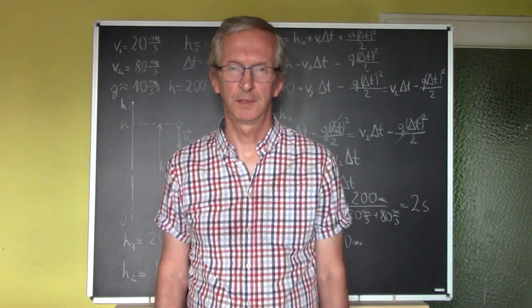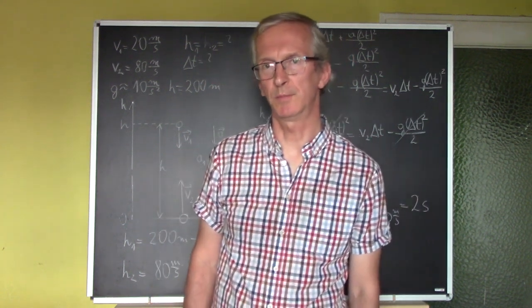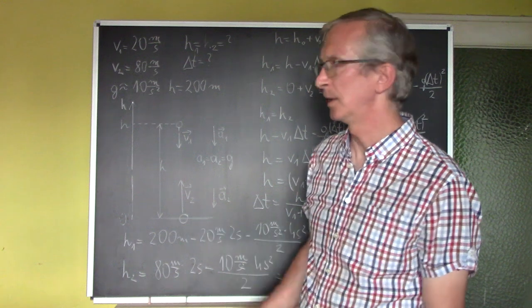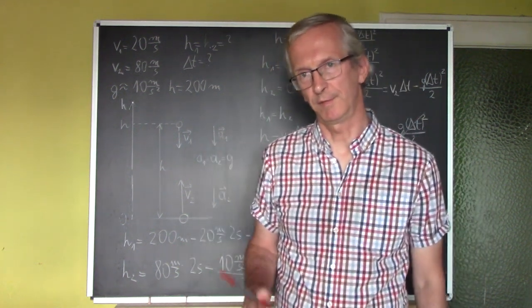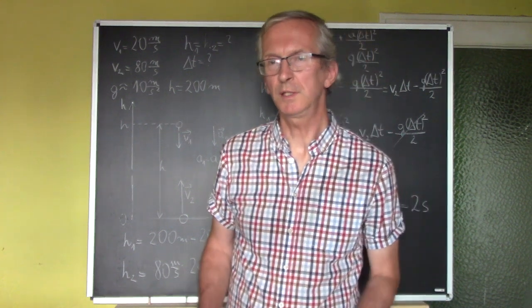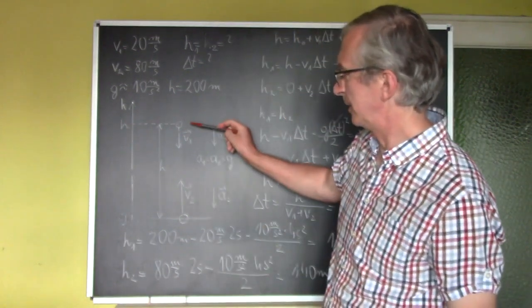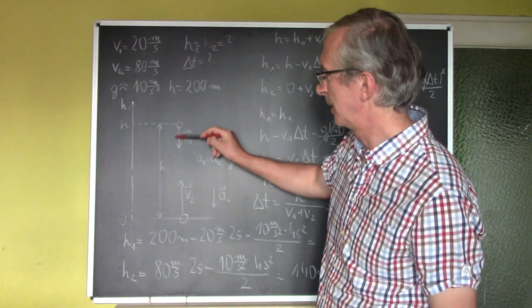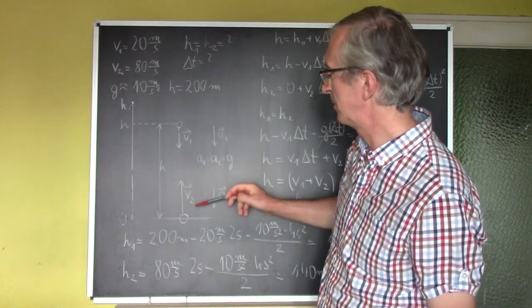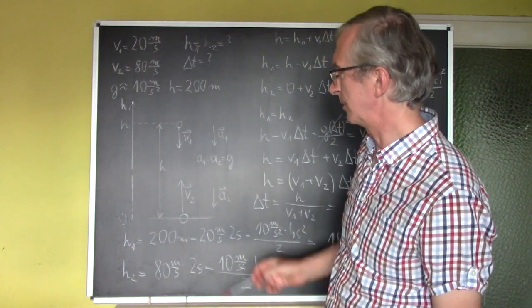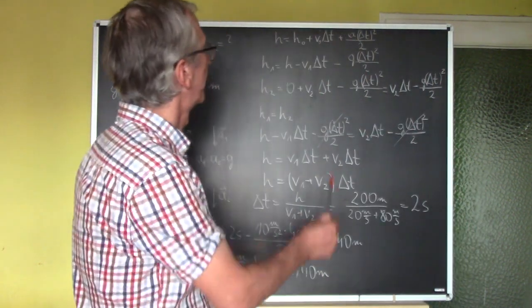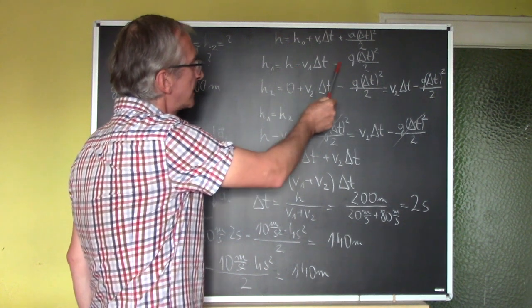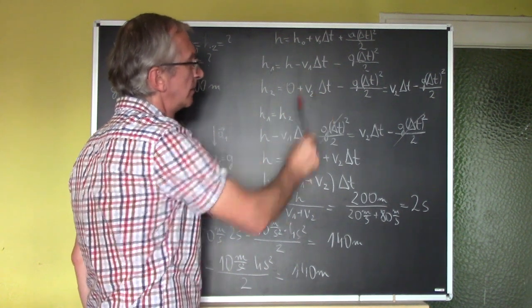So now we can solve any problem similar to that. I mean, when we are throwing 2 bodies vertically, only if we know velocity vectors v1, v2 and acceleration vector, and if we know what sign to write here and here.